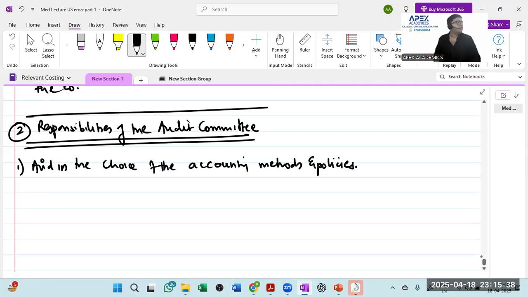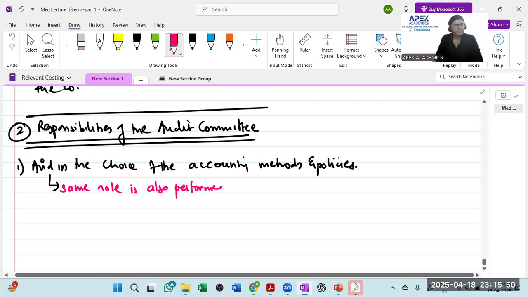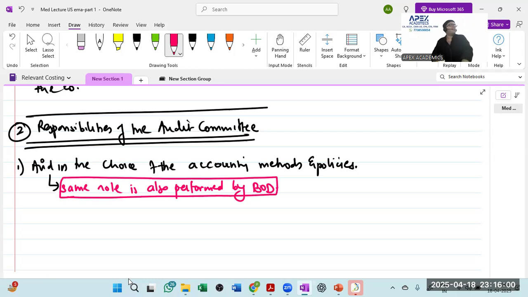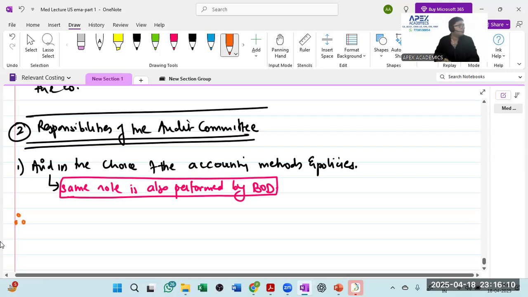Please try to understand, this same role is also performed by the board of directors. So the same role is also performed by whom? By the board of directors. Be very careful about this statement. Therefore, I am making a rather interesting remark. Therefore, point number one.